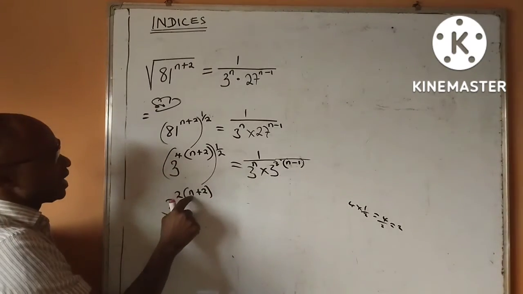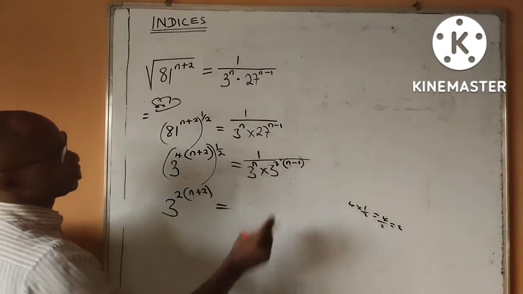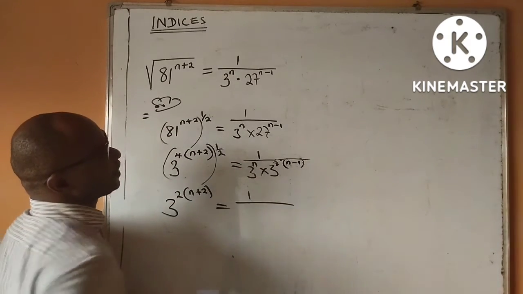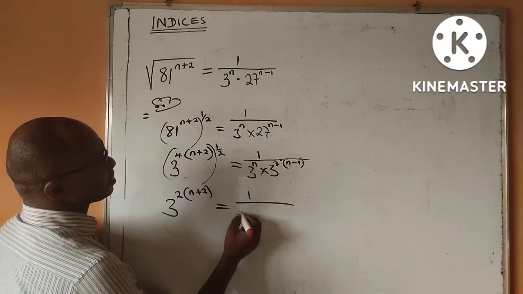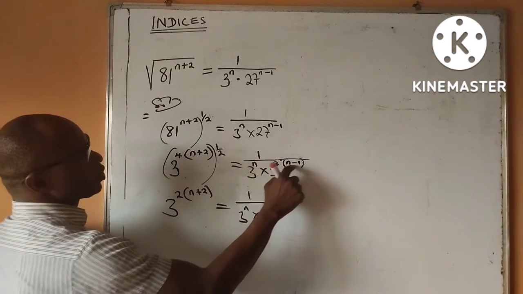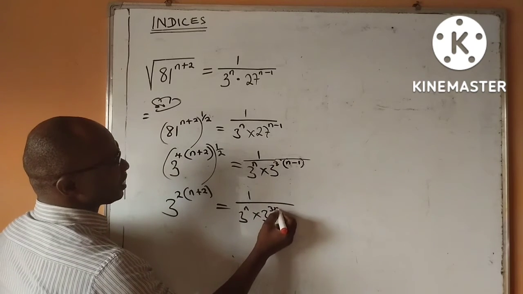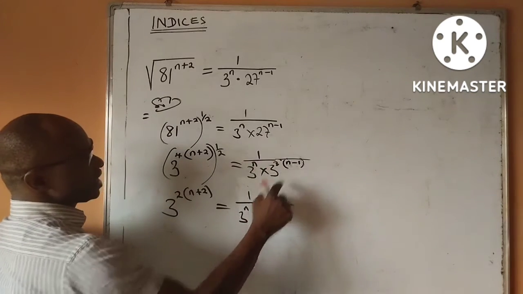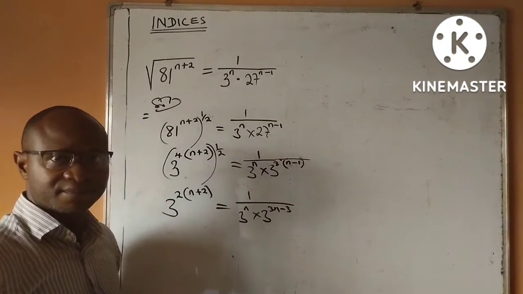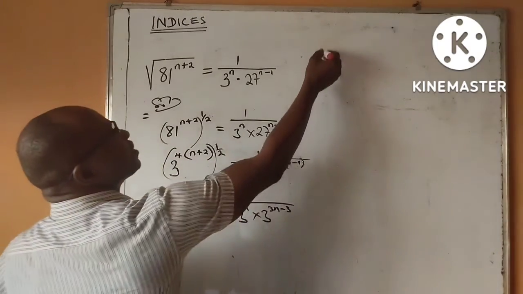So I still have n plus 2 equal to, at this point, 1 all over 3 raised to the power n multiplied by 3, then 3 will open the bracket to give me 3n minus 3. That is 3 times n, 3n, and 3 times minus 1 will give me negative 3. Very beautiful. We move on.